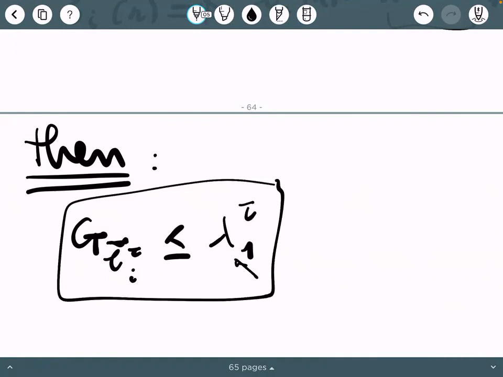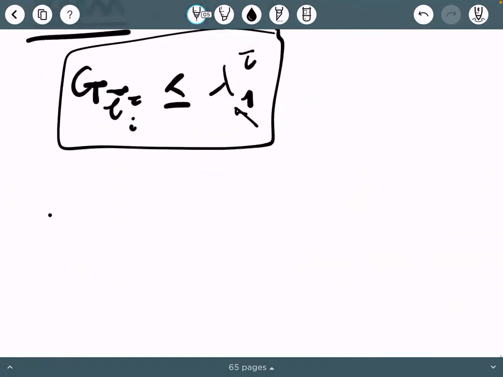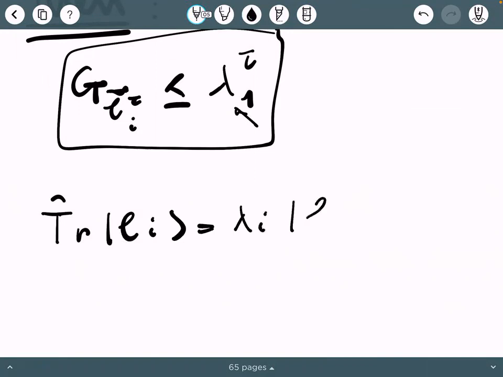First of all, let me remind you that the lambdas are expressed through the eigenmodes of the Fokker-Planck operator, right?